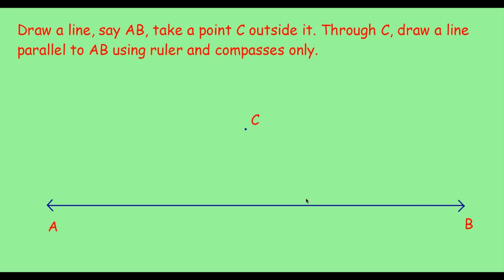Now what you have to do is, you have to draw a line parallel to AB through C. For this, take any point, say M on AB. Now join CM.